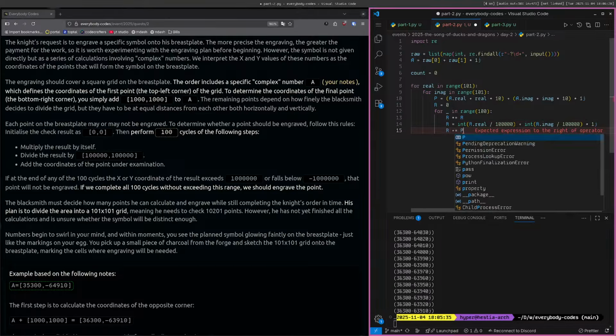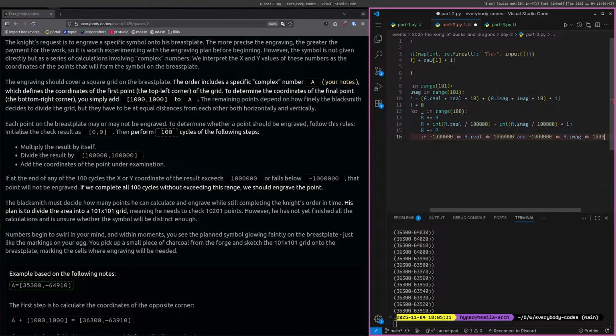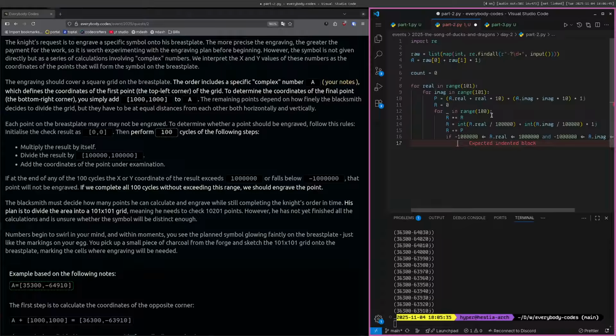And then r plus equals p, and if either is out of the range of 1 million, then we continue.